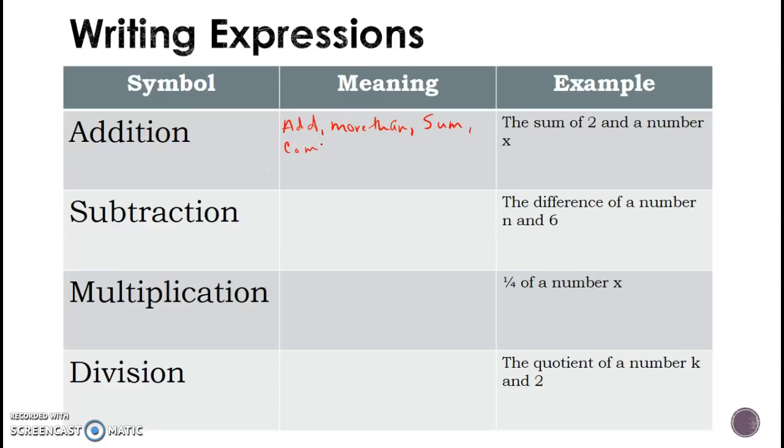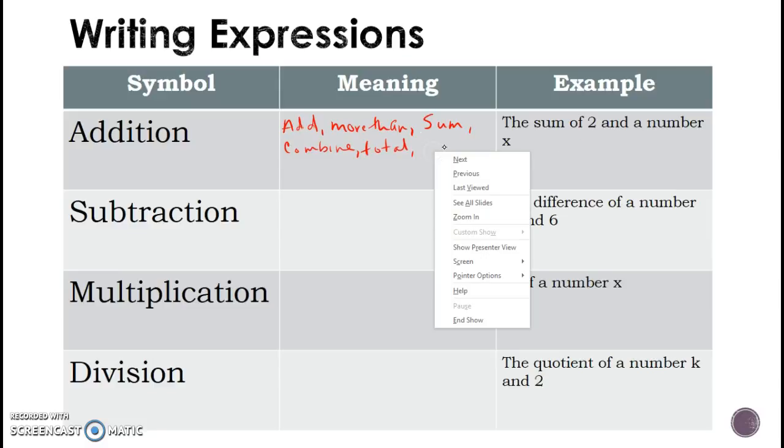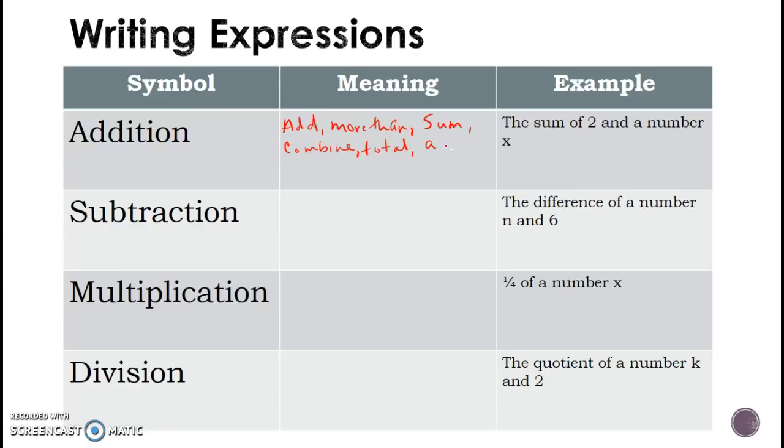Combine. Total. And, like 2 and 3. So those are some of the most common ones that you will see. You can add to that list.